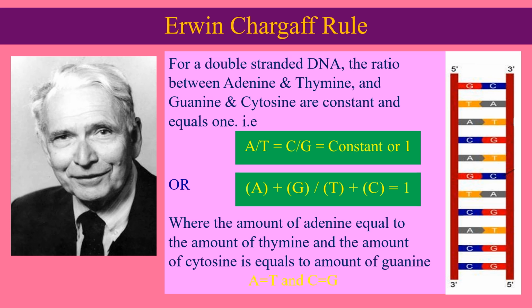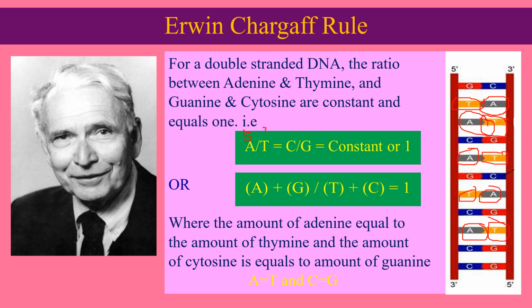Here in this diagram we can find the amount of adenine, thymine, cytosine and guanine. The number of adenines: 1, 2, 3, 4, 5. Adenines are 5 in number. Like that, thymine: 1, 2, 3, 4, 5.